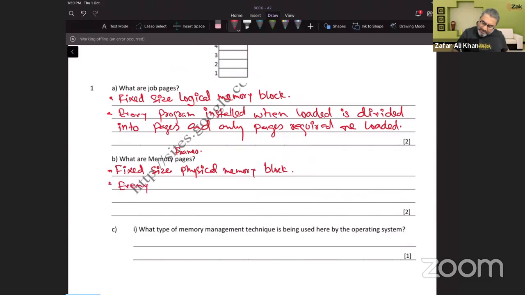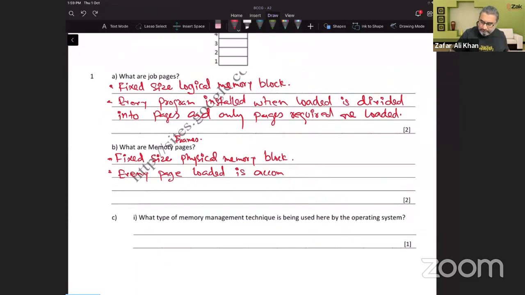Every page loaded is accommodated into memory page frames.